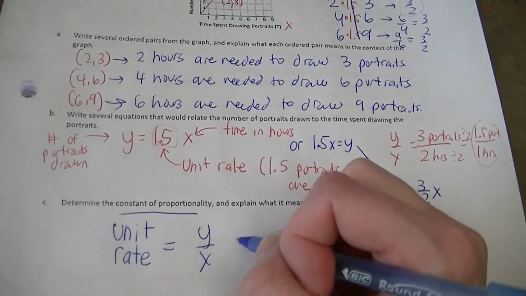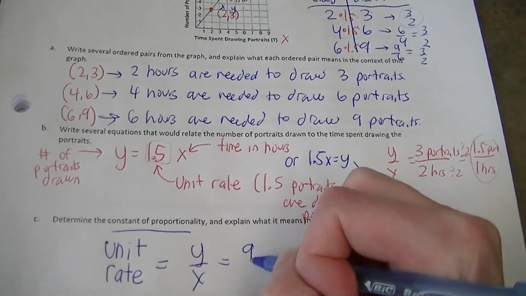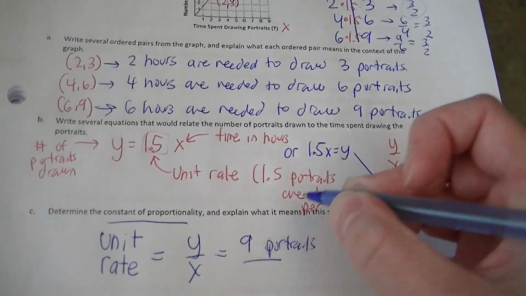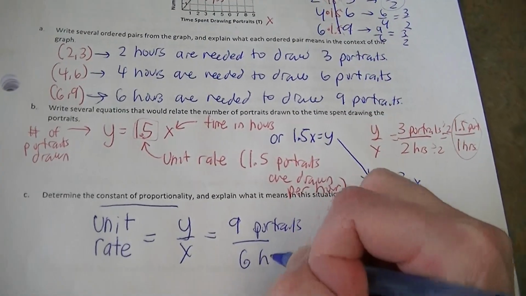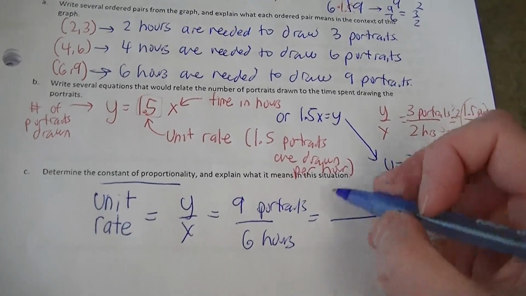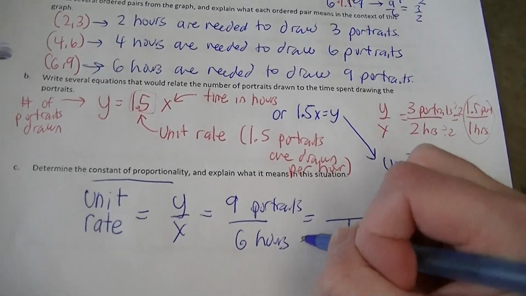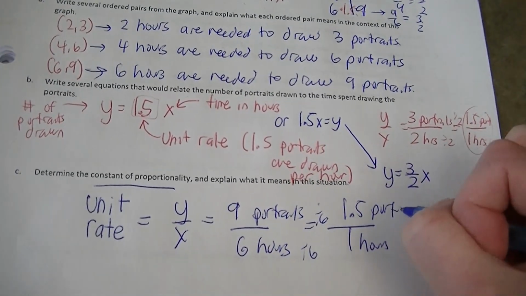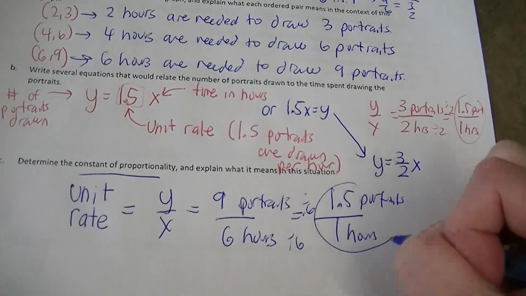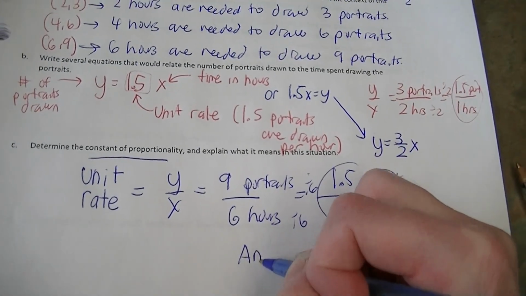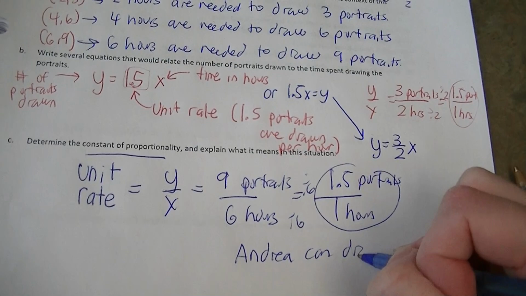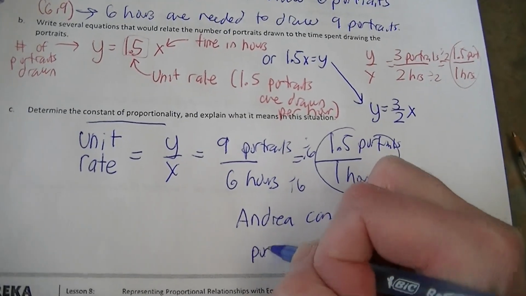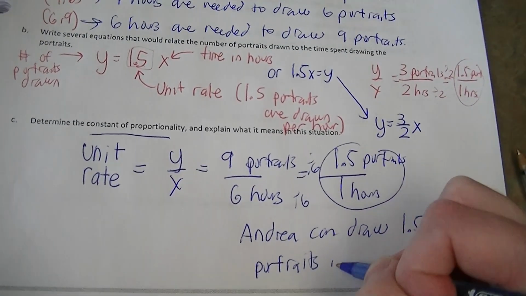So 9 portraits took 6 hours. Let's simplify that down to get the unit rate. So divide by 6, divide by 6. 9 divided by 6 is 1.5 portraits per hour. Okay? So Andrea can draw 1.5 or 1 5/10 portraits in 1 hour.